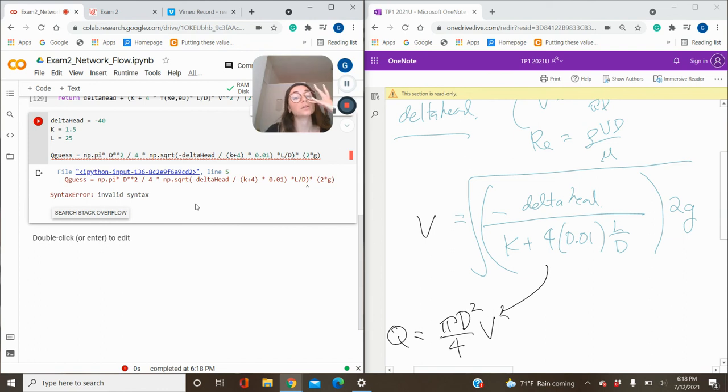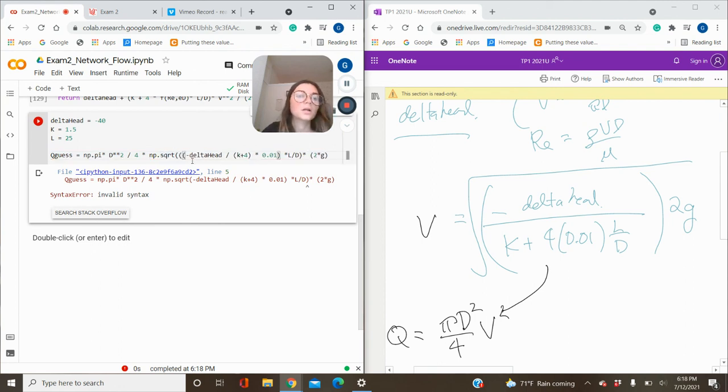Alright, let's just look at this real quick. Need more coffee? Code is crashing and I'm crashing. So Q guess equals NP pi times D squared, square root negative delta. Okay, so I think I need more parentheses here.